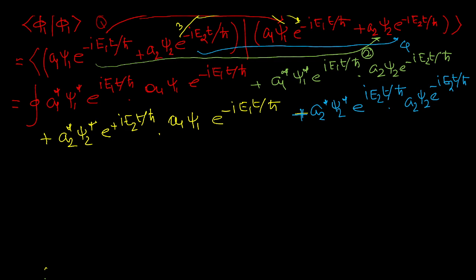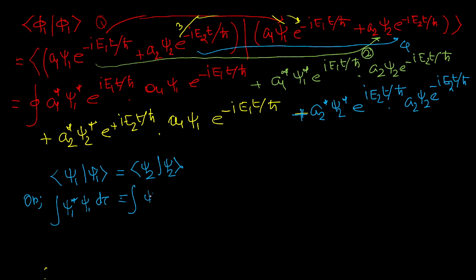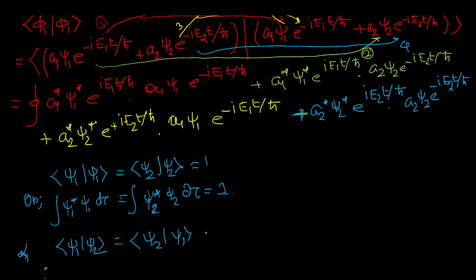We know there is an orthogonality condition: psi 1 with psi 1, or psi 2 with psi 2, is 1, and psi 1 with psi 2, or psi 2 with psi 1, is 0.